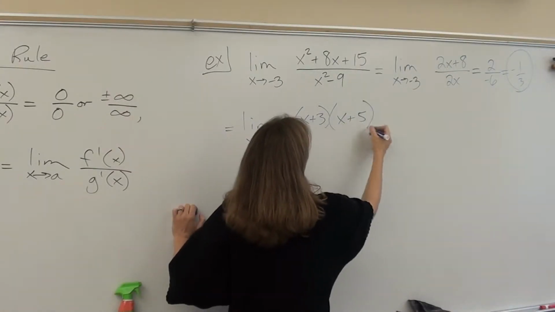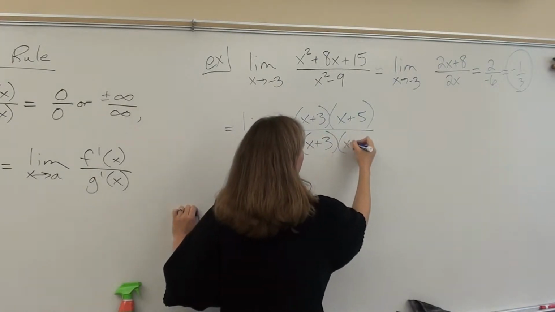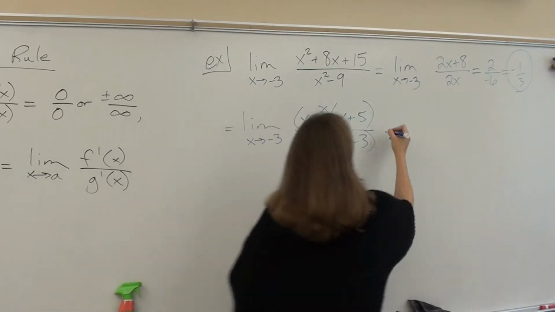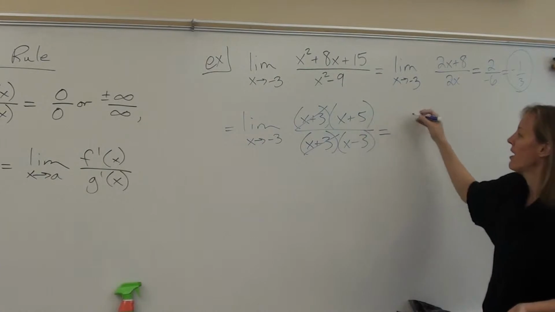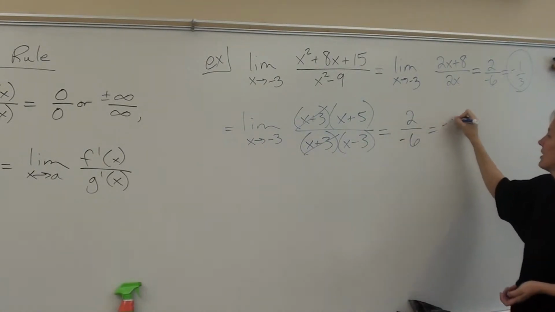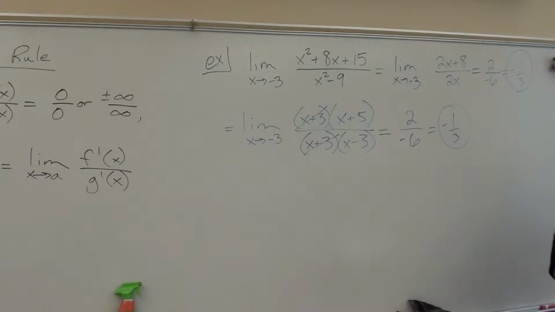I am the world's worst factorer. Okay, so cancel. Now we plug in our -3 and we get -3 plus 5, which is 2, -3 minus 3, -6. Oh, look at that. Right? Well, it's a good thing I had L'Hopital because I stunk at factoring, right?